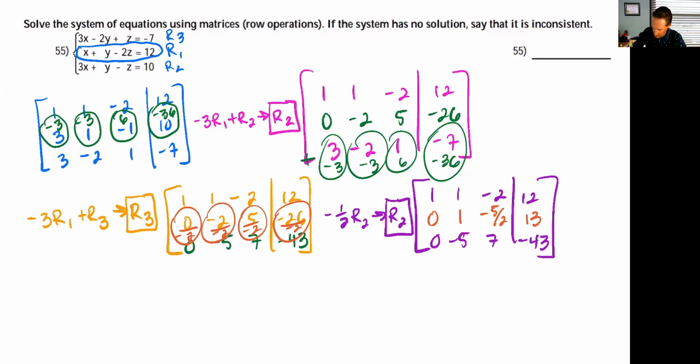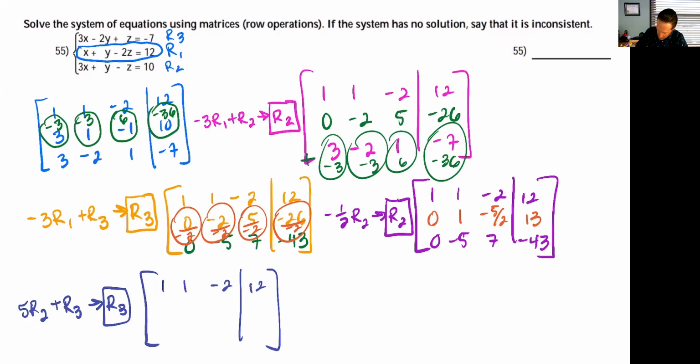So we will be using row 2, and we will multiply it by a positive 5 times that row 2, and we will add it to row 3 to get a new row 3, which again means I'm not going to change row 1. I'm not going to change row 2, even though we're using it, but I am going to change row 3, and we said by multiplying row 2 by 5.